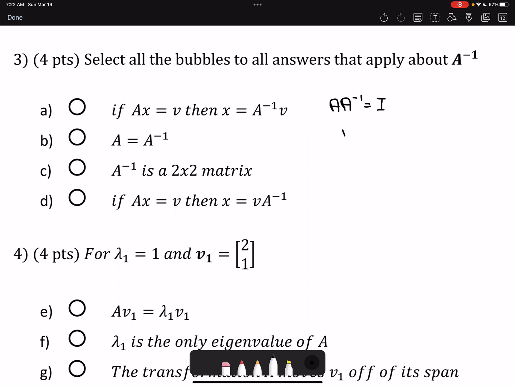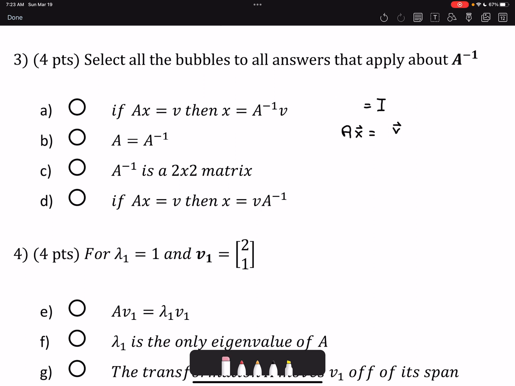So if we have A times X equal to V, and we assume that these are both vectors, and that the multiplication is defined because they have dimensions that work out, if I multiply, let's see, I made a mistake here.